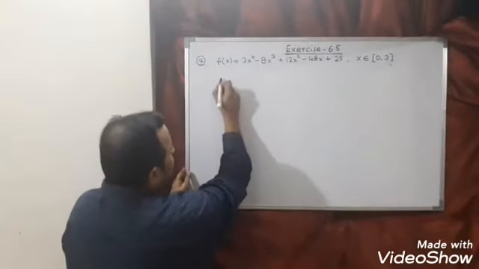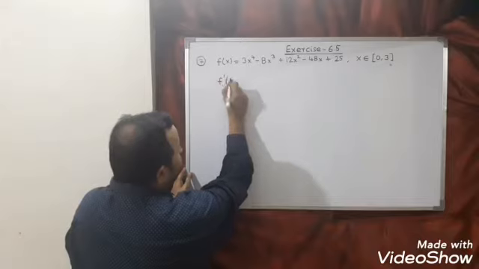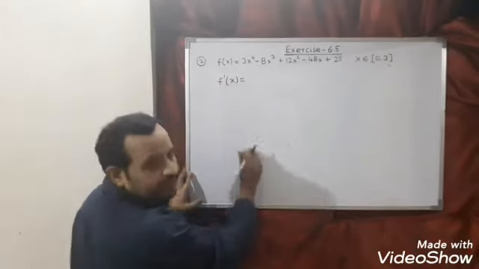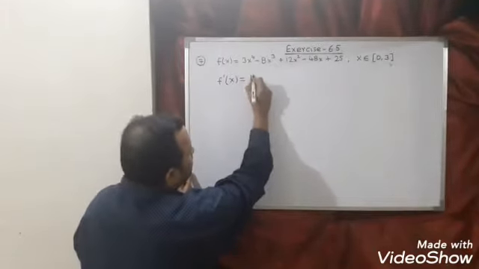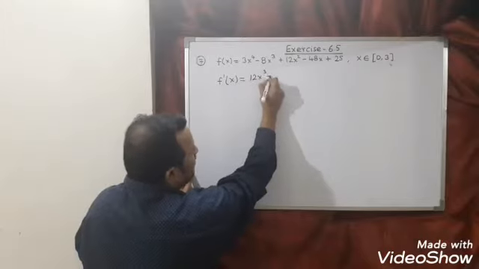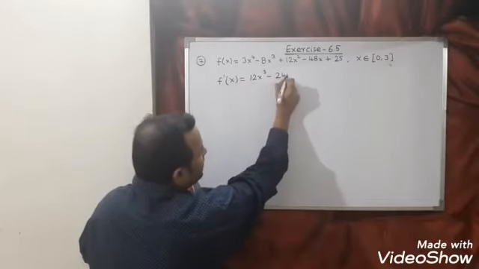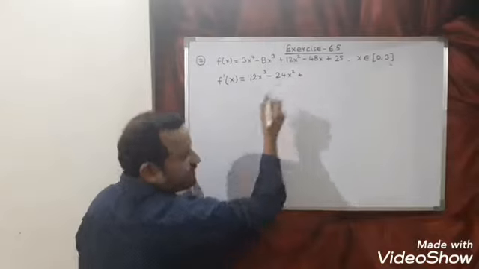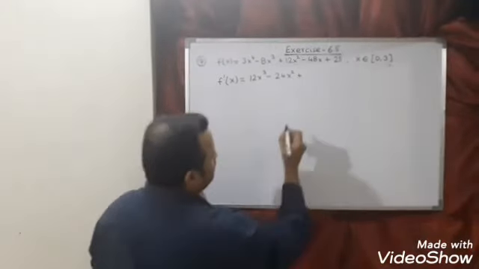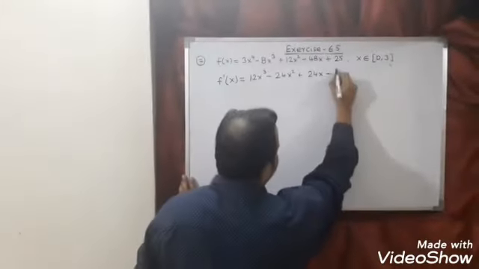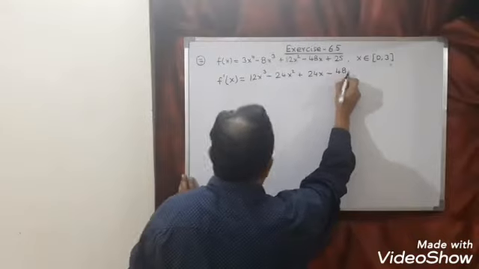Now look here. We have to find f dash x. So f dash x is equal to 4 3s are 12 x cube minus 24 x square plus differentiation of x square, 2x. So 24x minus differentiation of 48x, it is 48.